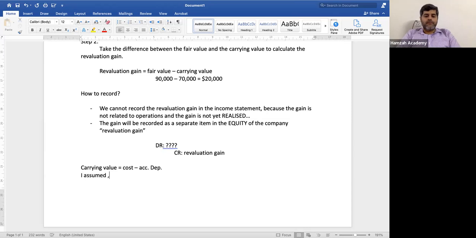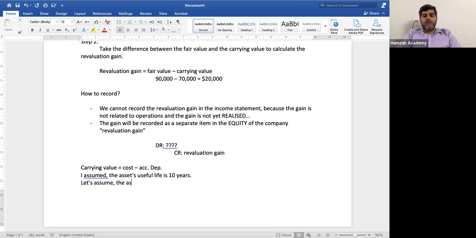I assumed the asset's useful life is 10 years, right? That is why I calculated the depreciation charge of 10,000 per year, and I calculated the carrying value at 70,000.